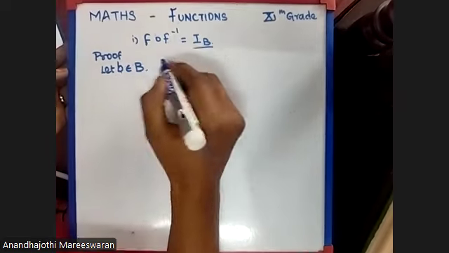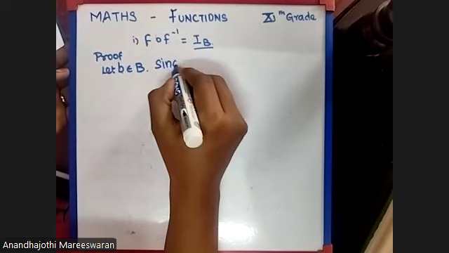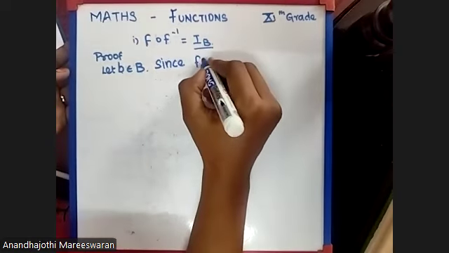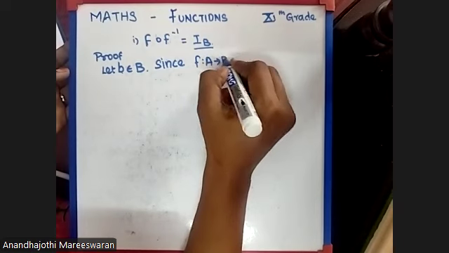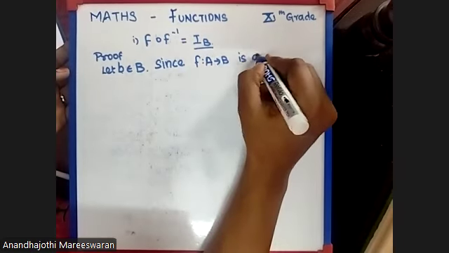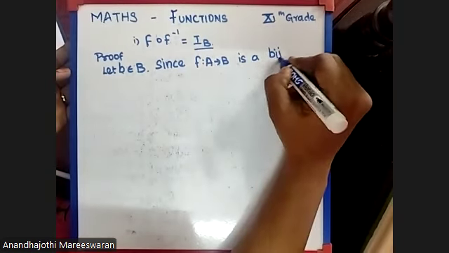Right. Since f maps A to B is a bijection function, right?